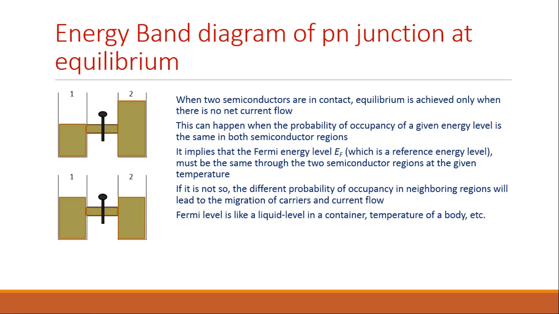The water level in container 1 rises and the water level in container 2 falls down till the level in both the containers becomes same, or the levels are equalized. So, Fermi energy level is very similar to the level of the water in the two containers.